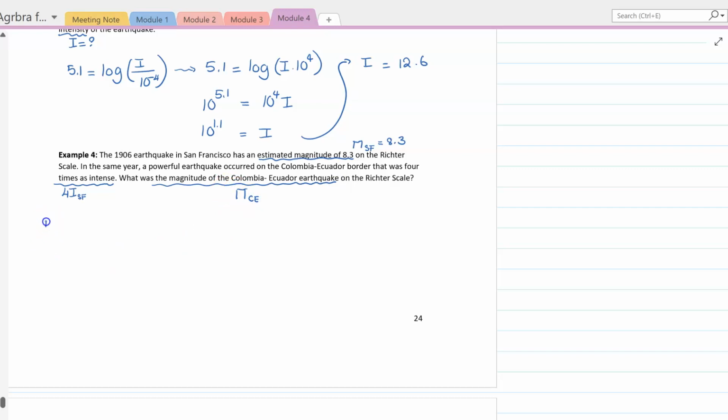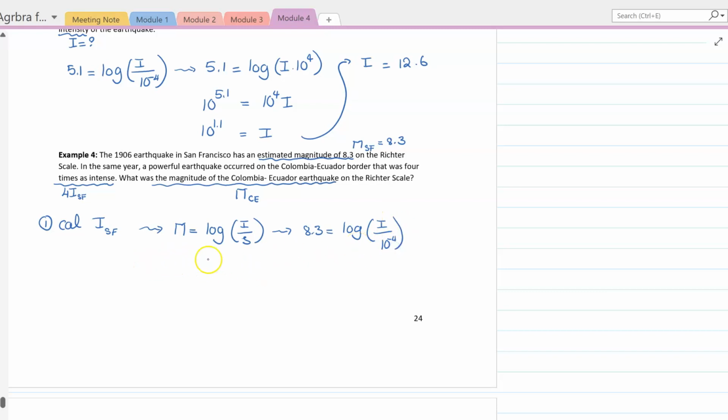The first thing I do is calculate the intensity of the San Francisco earthquake, using the formula: magnitude equals log of the intensity divided by S. So 8.3 equals log of I divided by 10 to the negative 4.